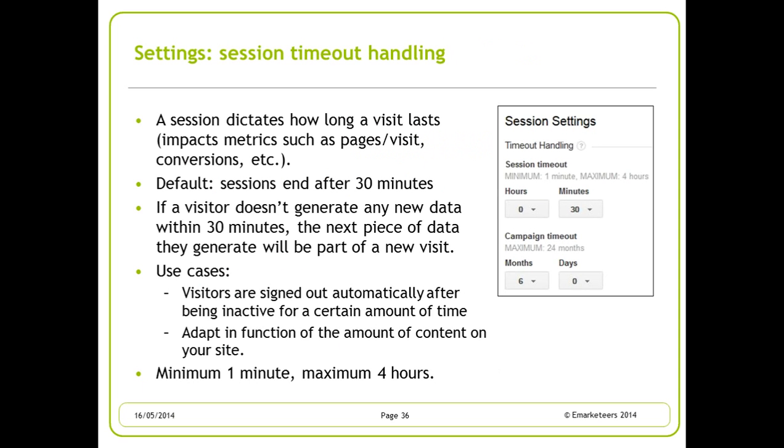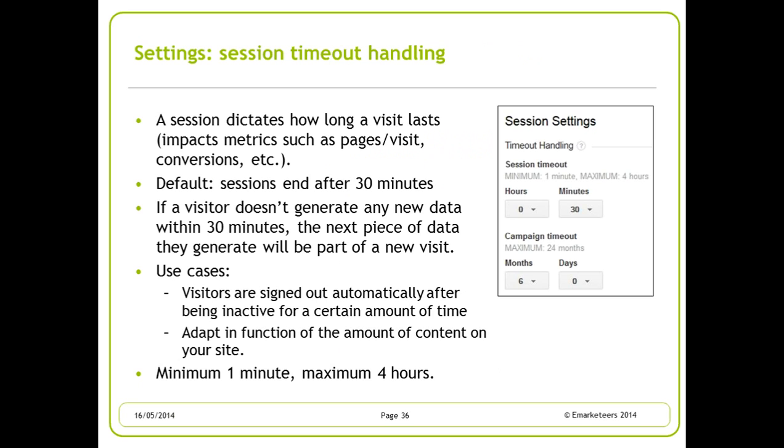Something else that's new in the user interface, not new to Google Analytics as such, but new that we can manipulate it so easily through the user interface, is session timeout handling. If a user stays on your site and does not do anything for 30 minutes or longer, that user will be timed out.